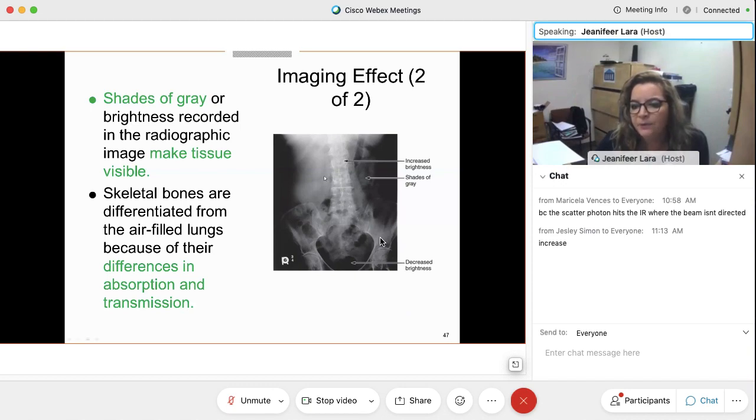But we manipulate the kVp energies because we want to be able to differentiate between like tissues, tissues that will absorb X-rays in a very similar fashion.